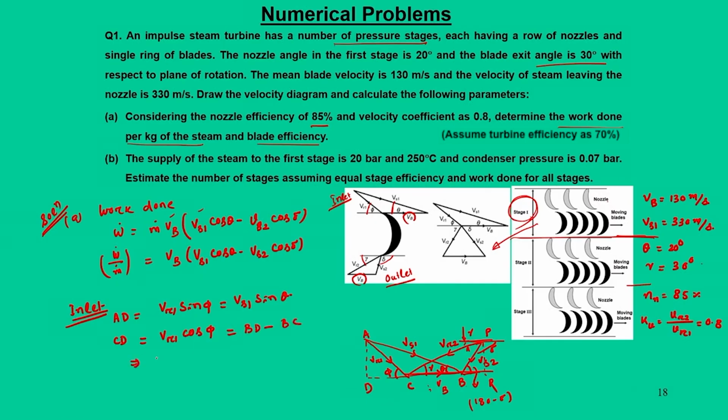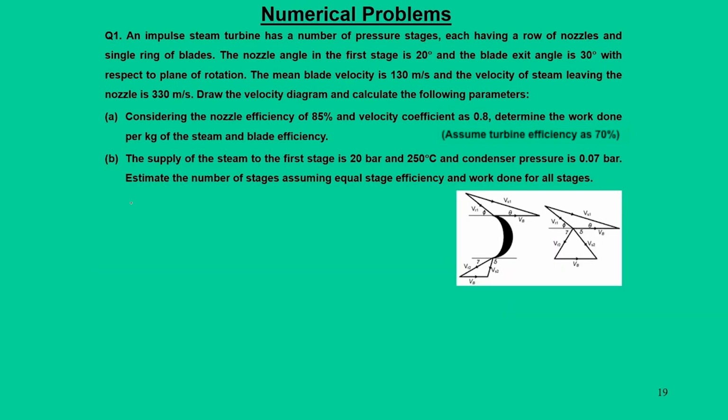So this means Vr1 cos phi is equal to Vs1 cos theta minus Vb. Then both the two equations will give you tan phi is equal to Vs1 sin theta divided by Vs1 cos theta minus Vb.